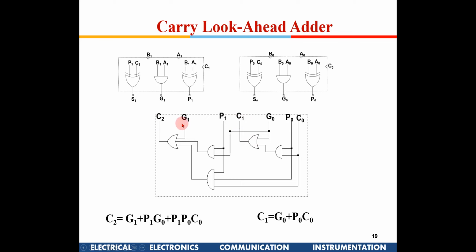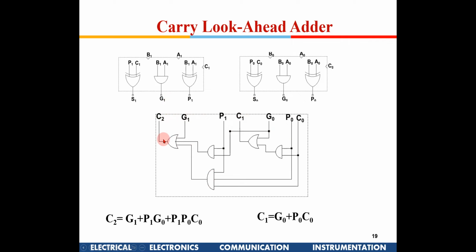What about C2? G1 after 1 gate delay. This is one more gate out here. P1 is coming after 1 gate delay. C0 is also coming straight. P0 is after 1 gate delay. So 1 gate delay for this P0 P1, second gate delay, third gate delay. So you will find C1 is having 3 gate delays, C2 is also having 3 gate delays.